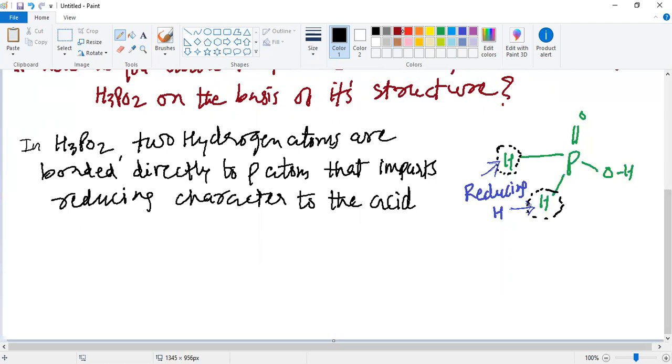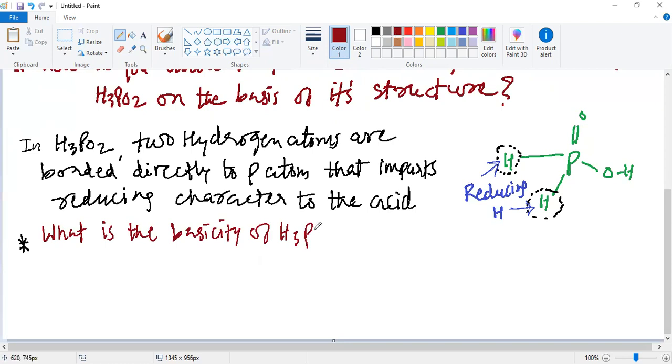Then we have the next question. The next question asks us, what is the basicity of H3PO4? To answer this question, my dear students, it's very simple. Let's draw the structure of H3PO4. In H3PO4, we have three P-OH bonds. So we can answer this question.